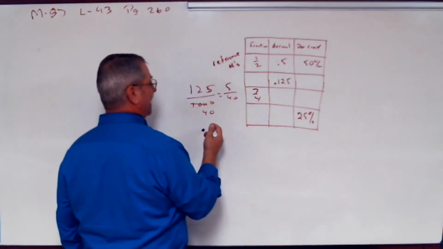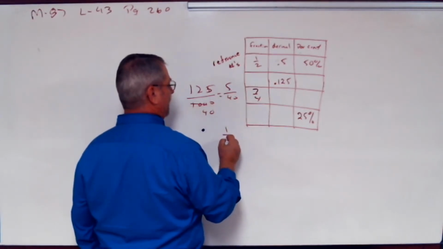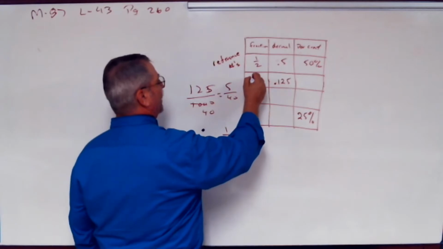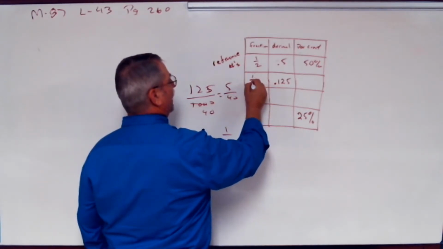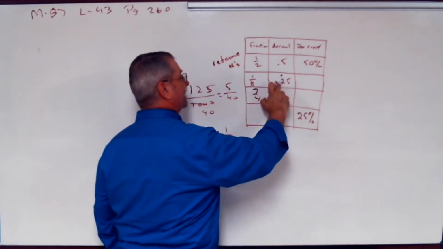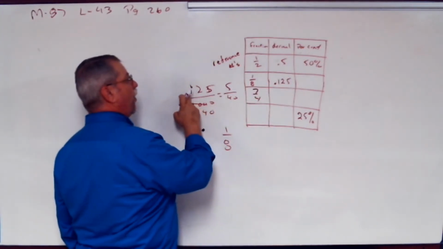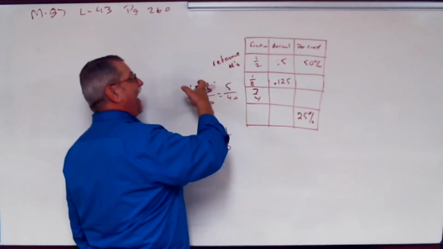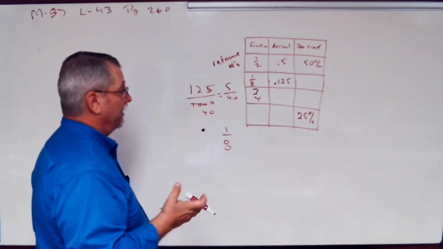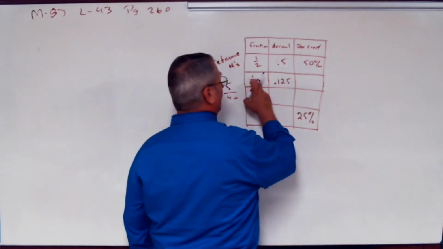Got to reduce it one more time. That's going to be 1/8. You see that? Divide top and bottom by 5. 1/8. It's very important. Say this as a decimal. That's tenths, hundredths, thousandths, 125 over 1,000, and then reduce it all the way, and reduce it properly. Okay, so there's your fraction.